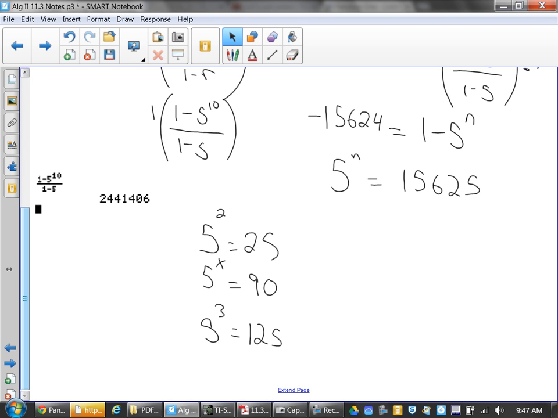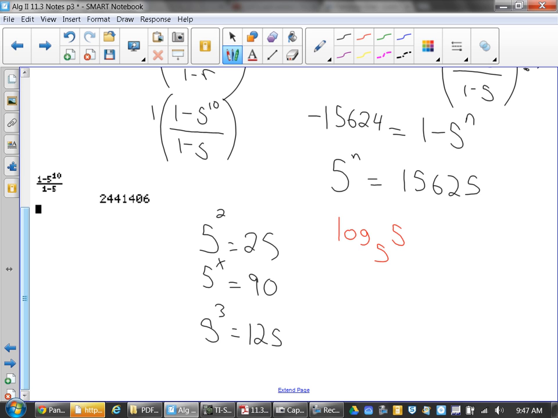To undo 5 to the nth power, we log base 5 of 5 to the n. That log base 5 undoes the 5 and allows the n to drop.